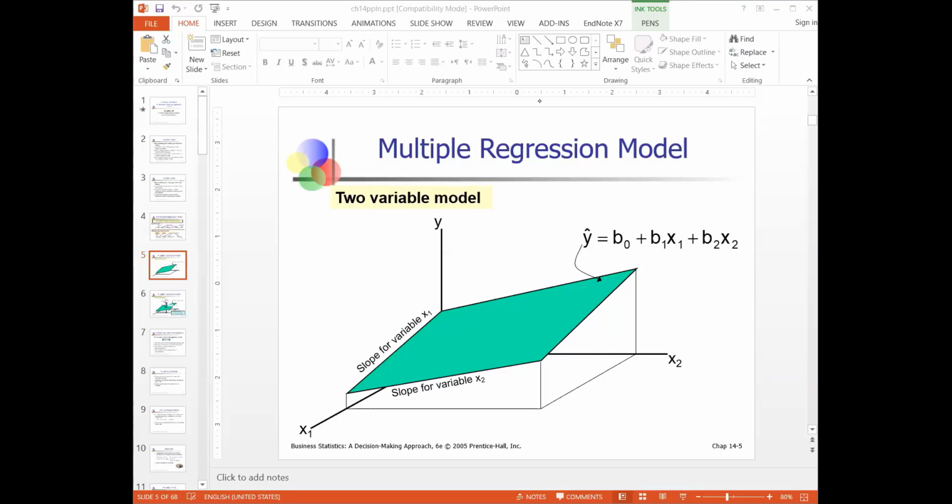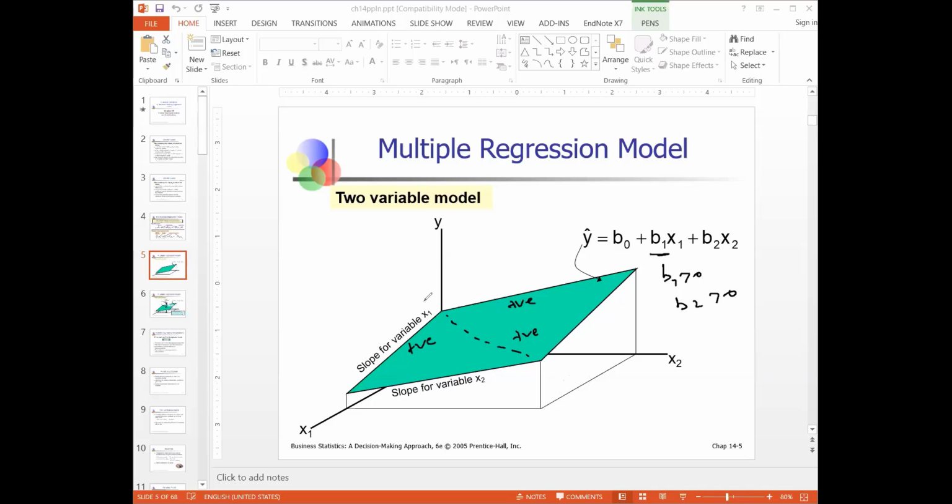You can see that x1 has a positive slope and x2 also has a positive slope, and both jointly have a positive slope. So b1 is greater than 0 and b2 is greater than 0. Since both are positive, their effects add up to form a higher plane.